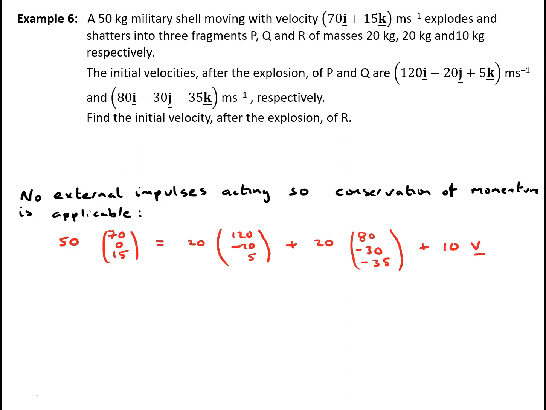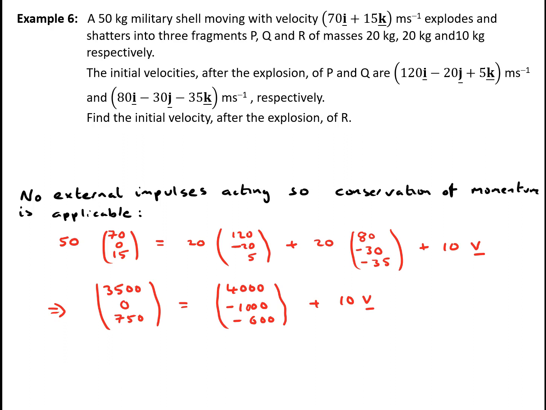So we've got this vector equation, which can be tidied up easily. The left-hand side just tidies up to the vector (3,500, 0, 750) equals (4,000, -1,000, -600) plus 10v.